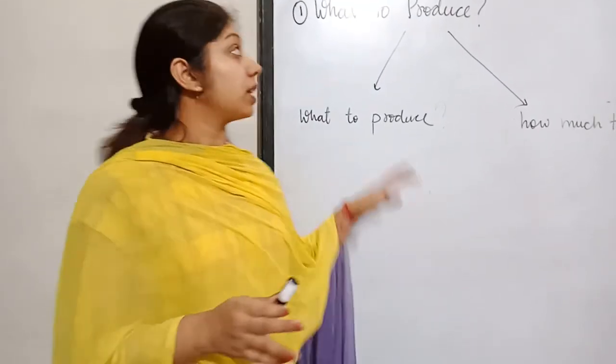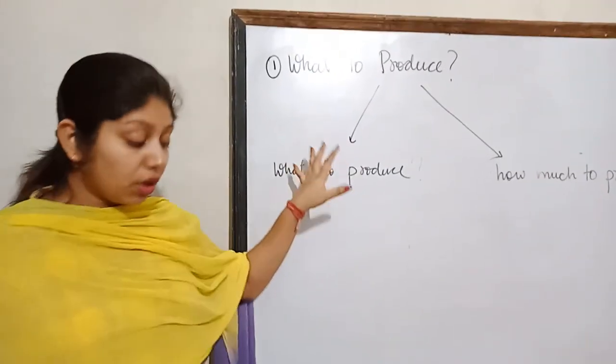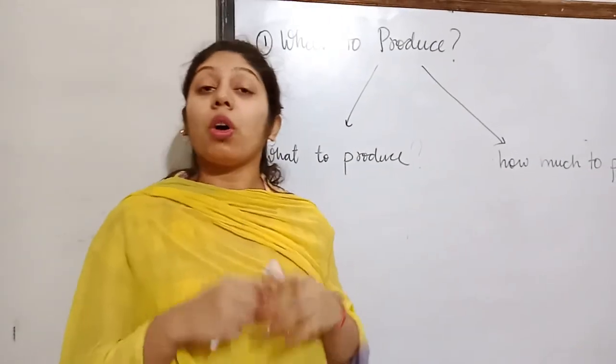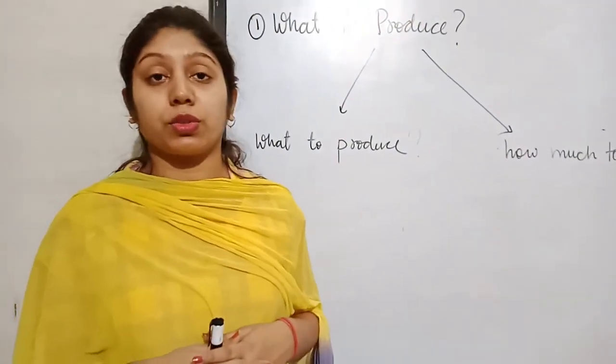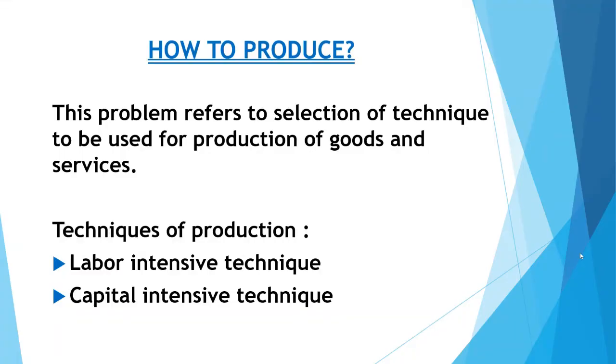First we will discuss what to produce. Here we have to see what goods we have to produce and in what quantity we have to produce those goods. Next we move on to the topic how to produce. The second main problem of an economy is how to produce goods or how to organize production.